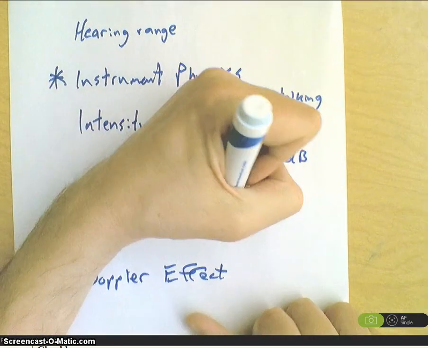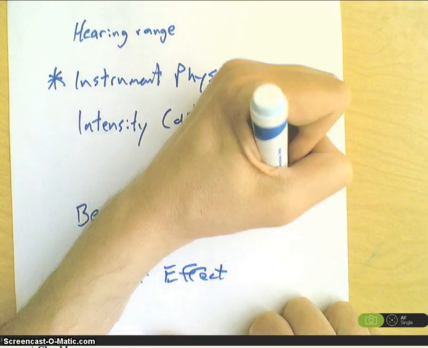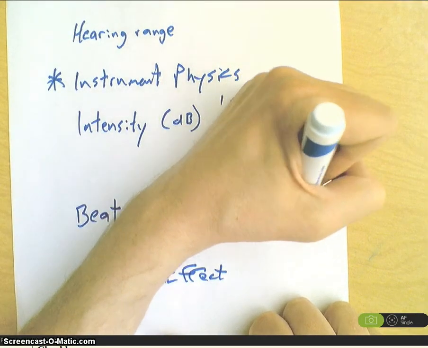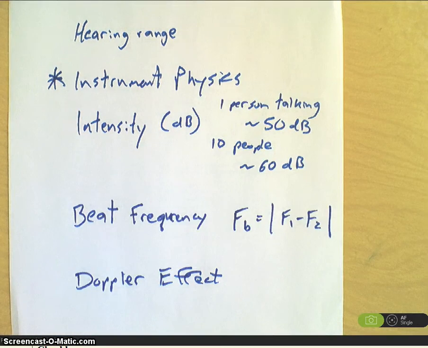I'm going to define the beat frequency for you now, and then we'll do an online simulation. The beat frequency is simply the difference in the frequencies between two closely valued frequencies.